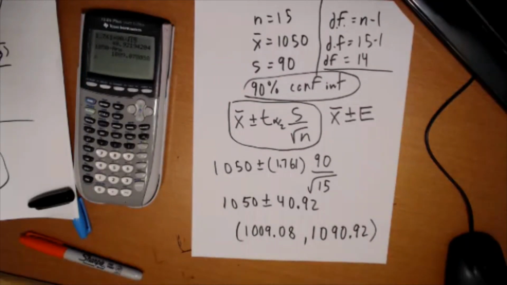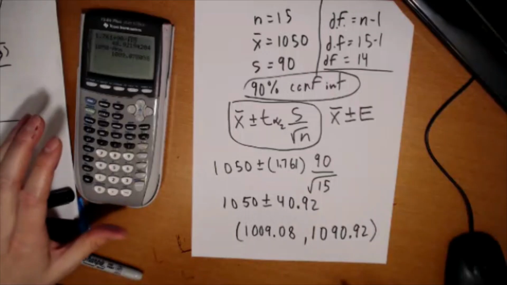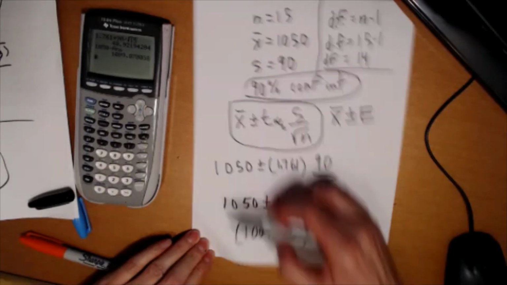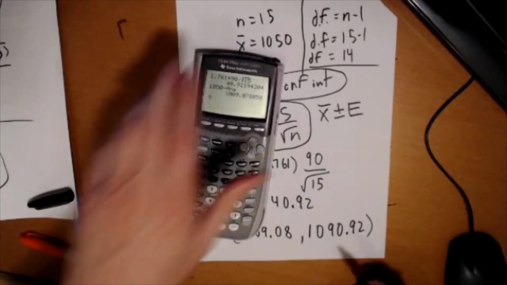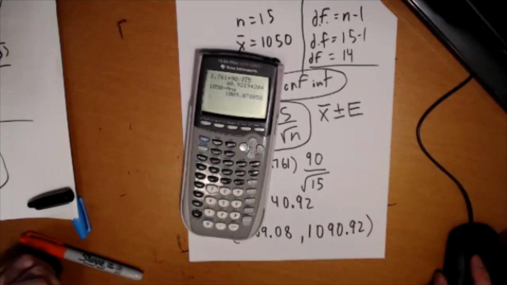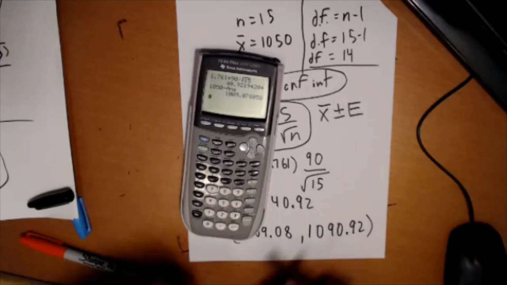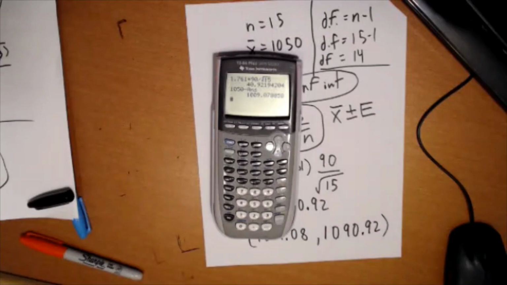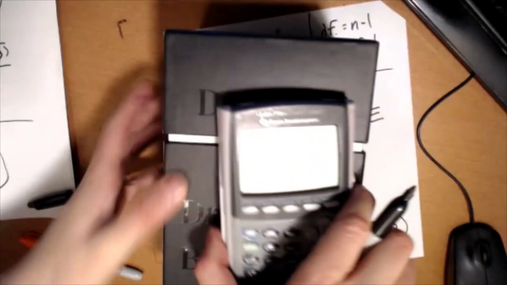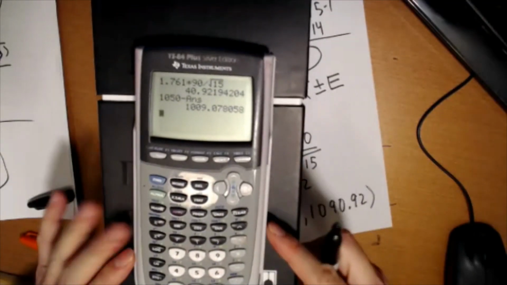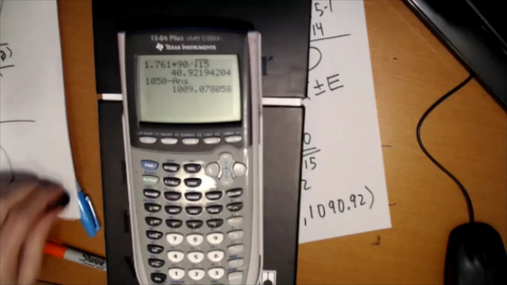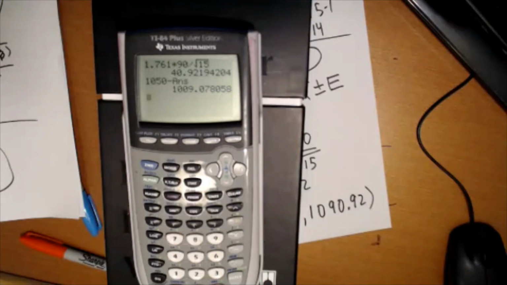Okay, so let's try this all again with the magic of a calculator. So we don't need to use the formula. Let's just turn on our calculators. Can we see this okay? I wonder if I bring it up higher, if that makes it better or worse. Okay, that makes it more difficult for me to see.